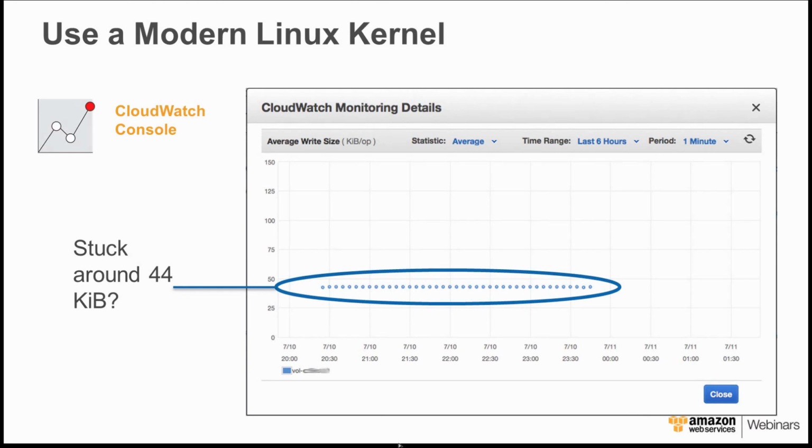Persistent grants is an extension to the Xen block protocol, and it significantly improves disk throughput and scalability. So we always recommend that you use a Linux kernel greater than version 3.8. Of note, Amazon Linux 2015-03 was the first Amazon Linux version to use a Linux kernel greater than 3.8.